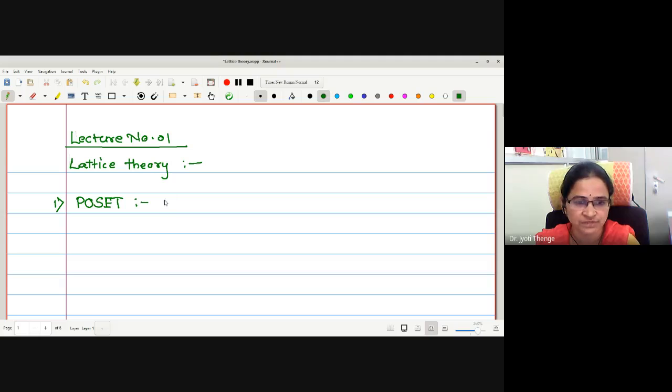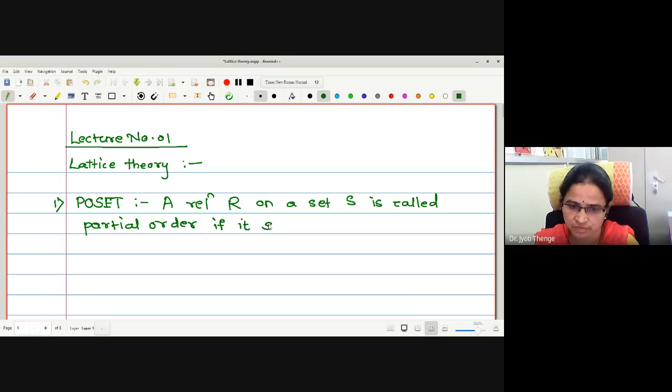It is defined as follows: a relation R on a set S is called a partial order if it satisfies the following axioms.